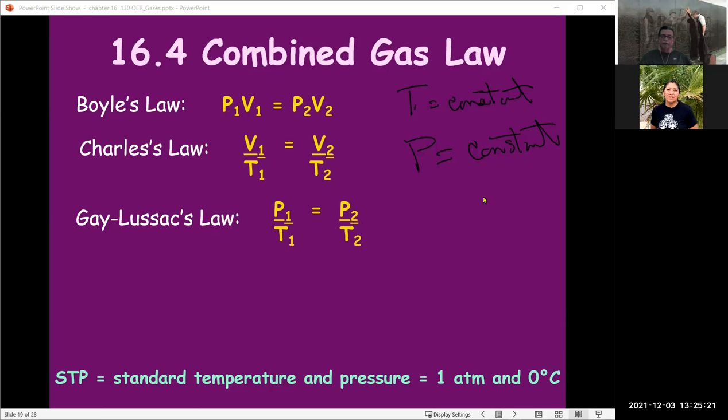Then you have Boyle's law. Guess what? Volume in this case is constant. And so these two scientists took a known volume and held it constant, and then played with the pressure and the temperature.